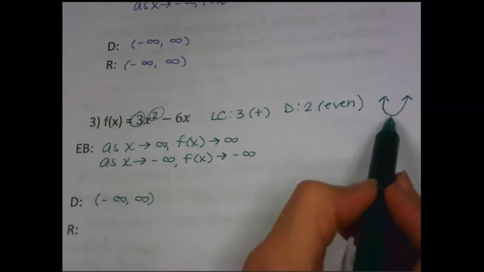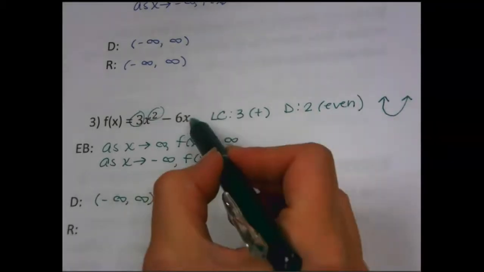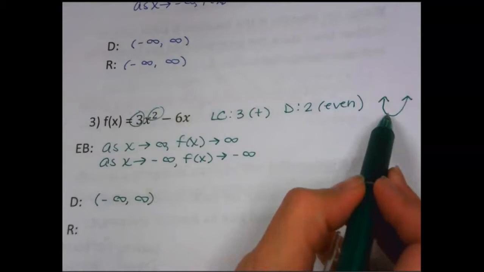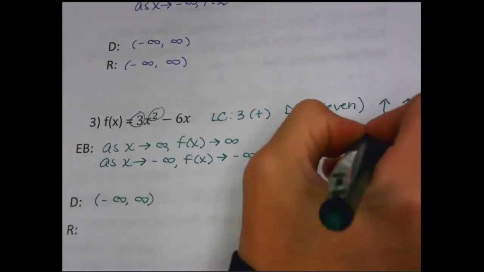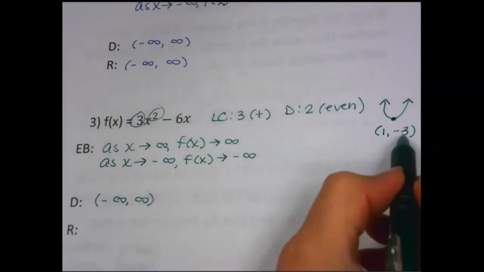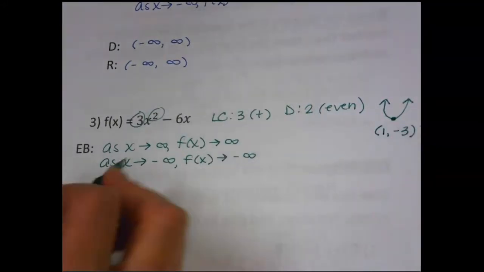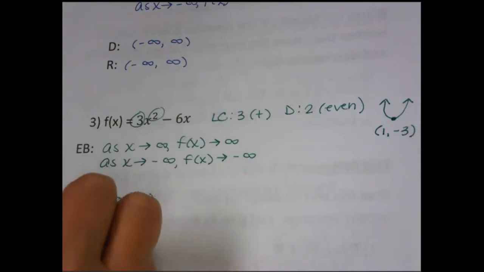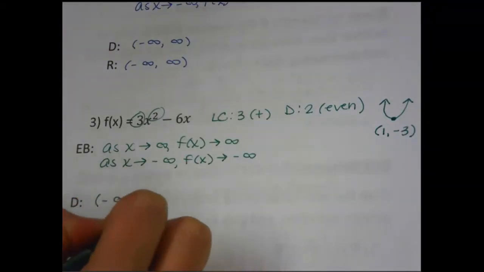But the range, we would need to know what this bottom point is. And this was one that we found the minimum in our previous lesson. This minimum here was 1, -3. So that means our y values are going to start at -3 and go forever to infinity.